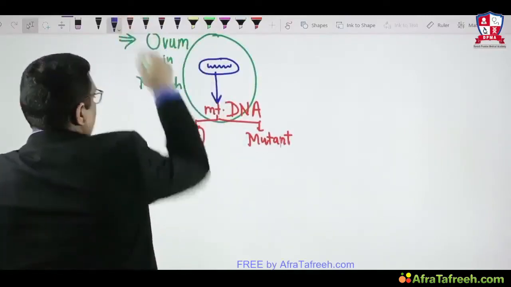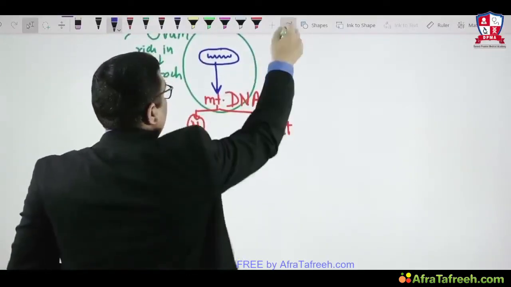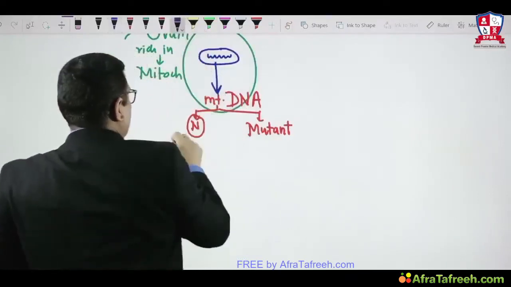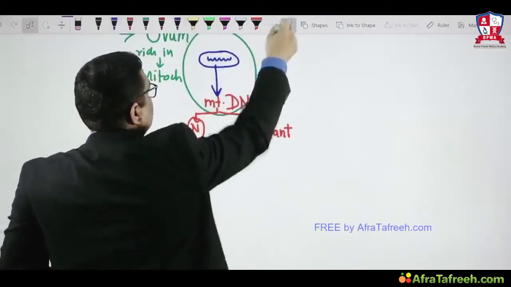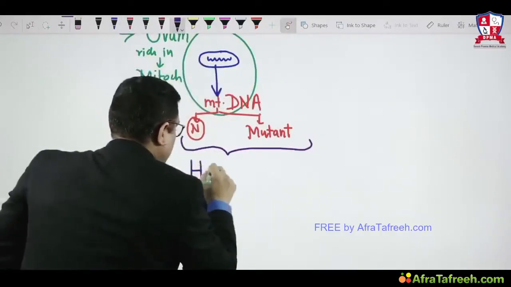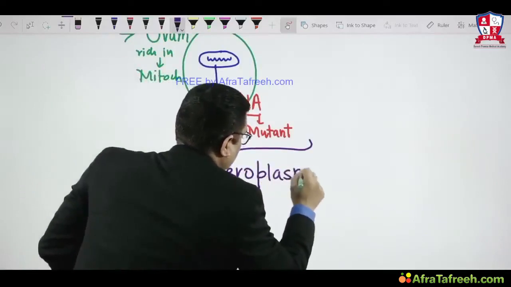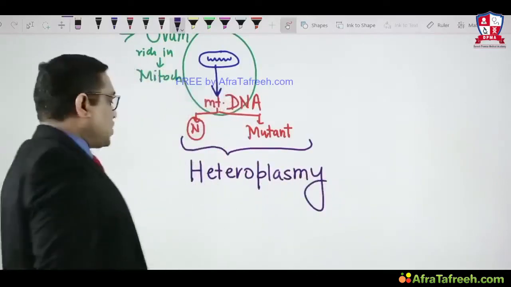When you see a combination of both normal and mutant mitochondrial DNA, this condition is called heteroplasmy, which was a PGI question also.